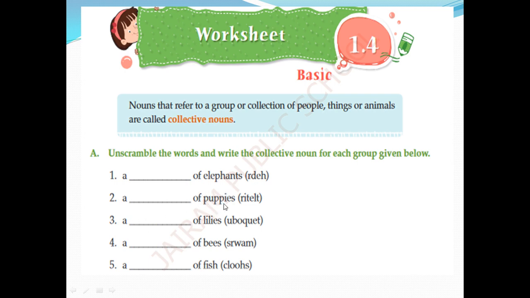When the puppies are in a group, what do you write? A litter of puppies. When the lilies are in a bunch, a group, what do you write? A bouquet of flowers. When the bees are in a group, a swarm of bees. When fish are in a group, a school of fish or a shoal of fish. Let's check our answers once again.